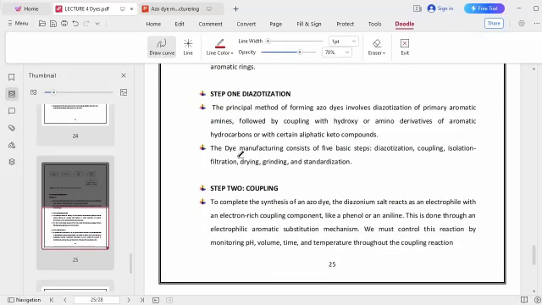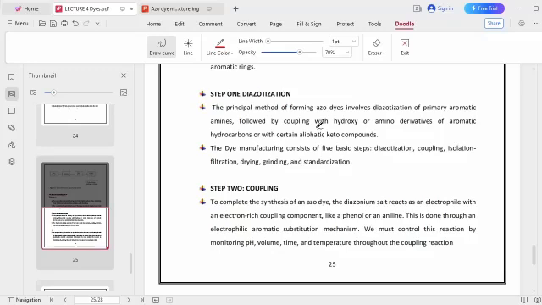And how are the azo dyes manufactured? It involves a diazotization process where a primary aromatic amine is diazotized to form a diazonium salt.